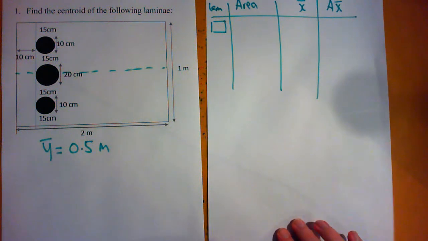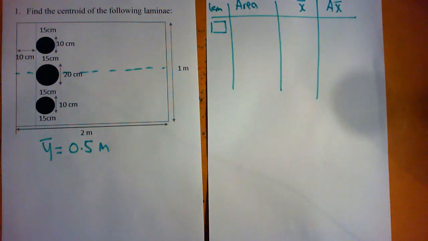Now we've already observed that in the vertical direction, in the y bar direction, we have symmetry, and that can be useful as well for finding x bar, because we have 3 options. We could find x bar for the whole shape, we could find x bar for the bottom half of the shape, or we could find x bar for the top half of the shape.